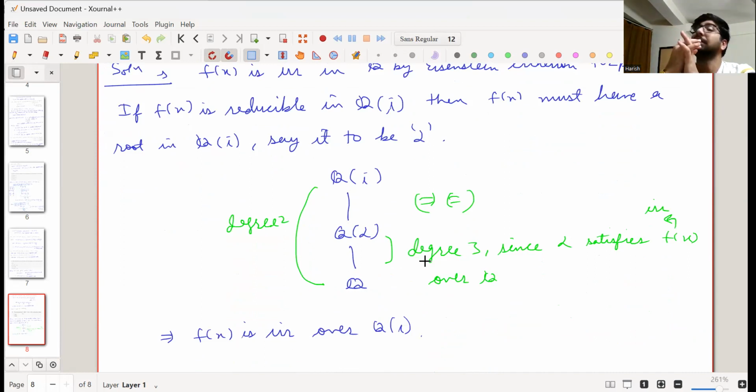No, the degree 3 polynomial is a special case. In a degree 4 polynomial, you may have reducibility in the sense that it splits into two polynomials of degree 2, so it may not have a root, but still it is reducible. But a reducible degree 3 polynomial must have a root, and that is what we are using here. So for higher degree polynomials it may not hold.